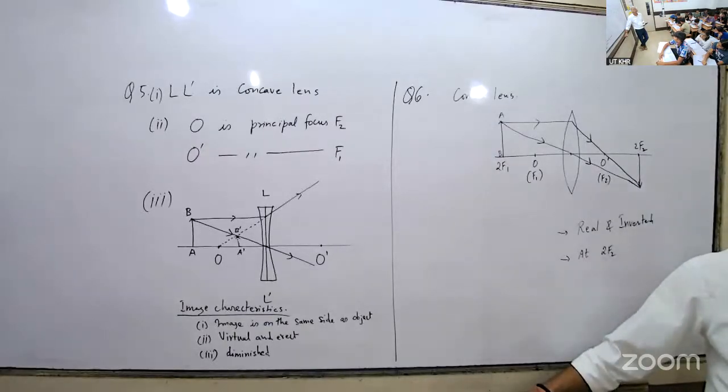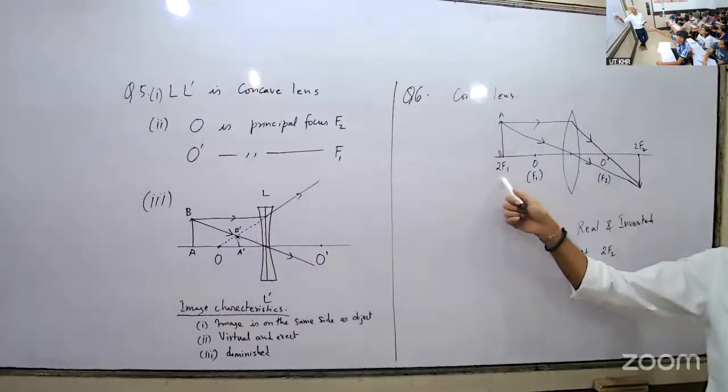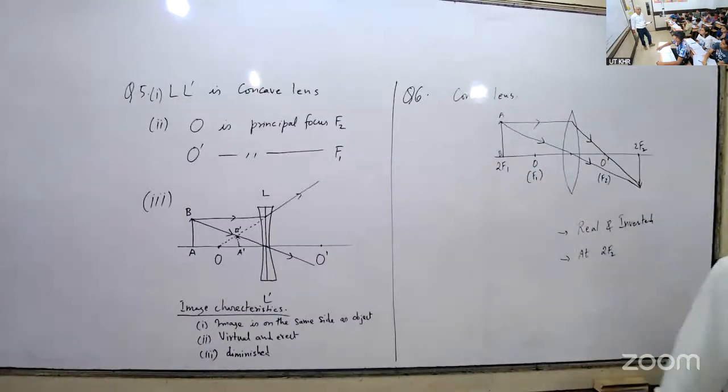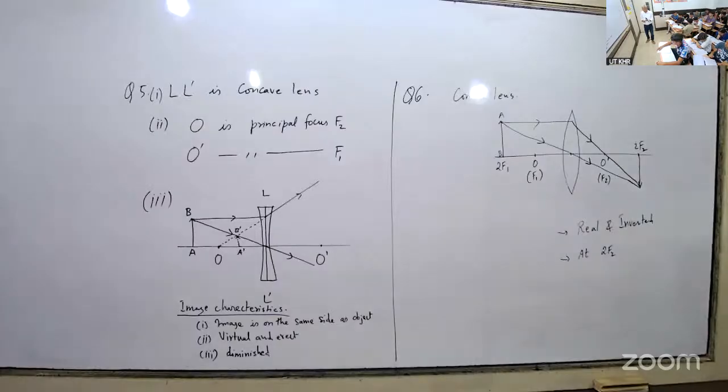So between 2F1 and F1 here. Okay? Good. So draw two rays to locate the position of the image. Where should the position of the image be formed? Where will it form? So, O dash and O. It will form beyond 2F2.